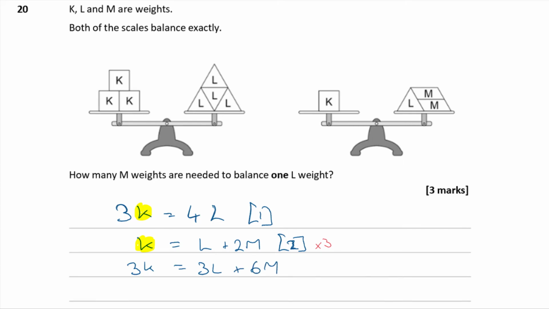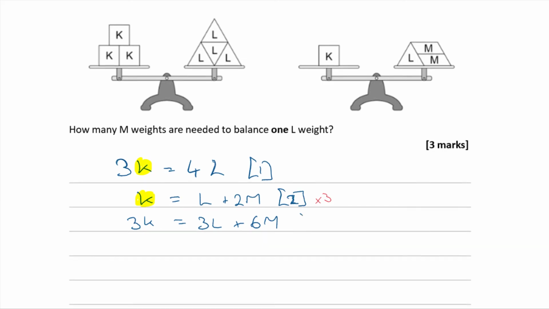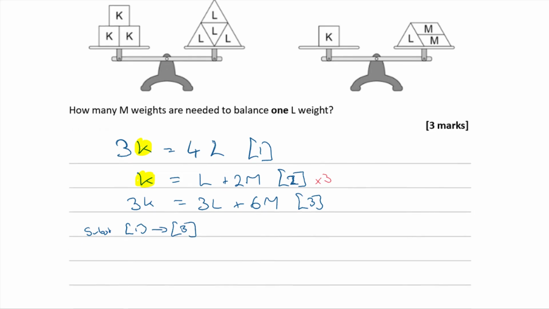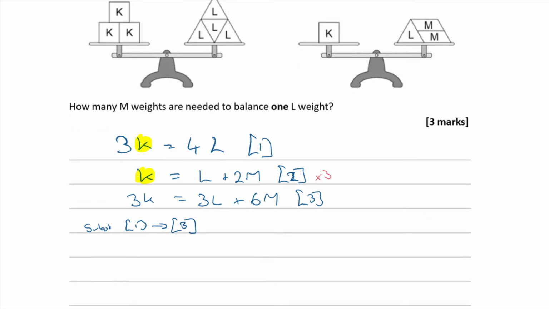Let's call that equation 3. Then I can substitute equation 1 into equation 3, plugging my 3K here and 3K here together. Then I can say that the 4L here must balance with the 3L plus 6M over here.